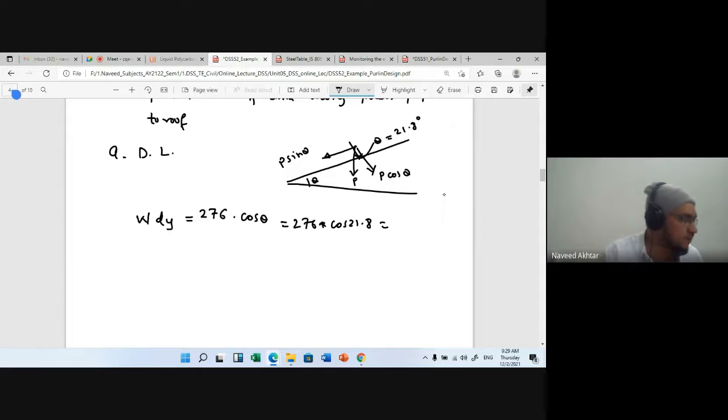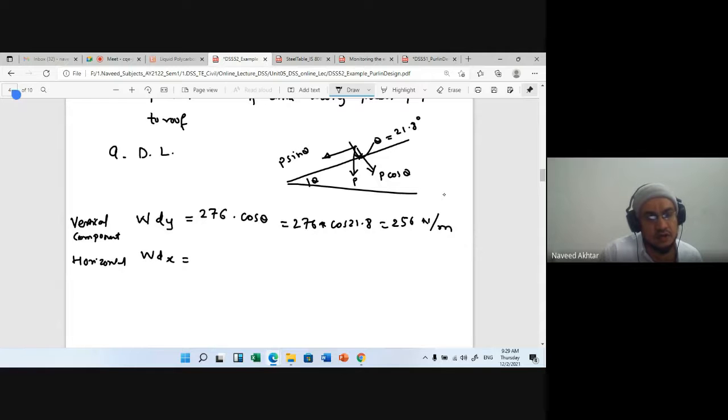It will be coming to 256 Newton per meter. Similarly, dead load in the x direction, WDX, is the horizontal component. So this is the vertical component of loading, and this is the horizontal component of loading.